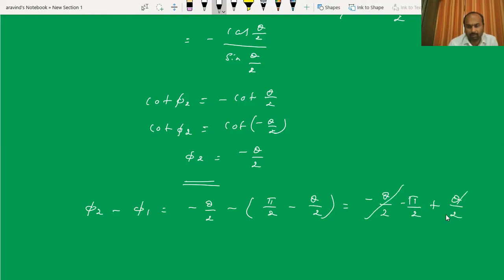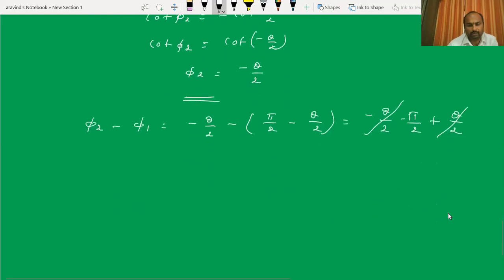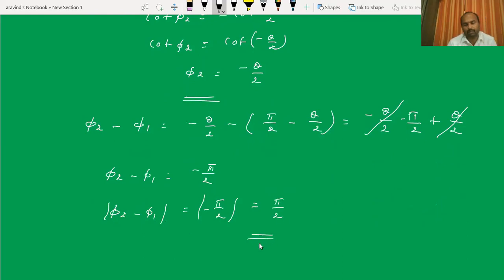The plus theta by 2 and minus theta by 2 get cancelled. So we'll get phi 2 minus phi 1 is equal to minus pi by 2. Or if you take its modulus, phi 2 minus phi 1 will be equal to pi by 2.